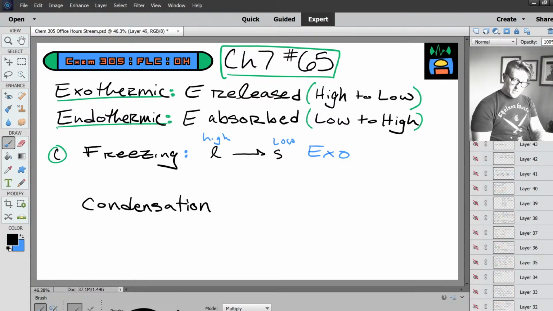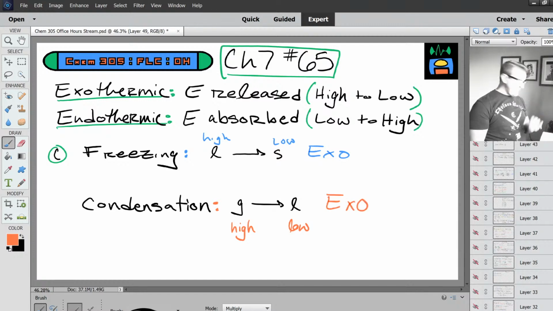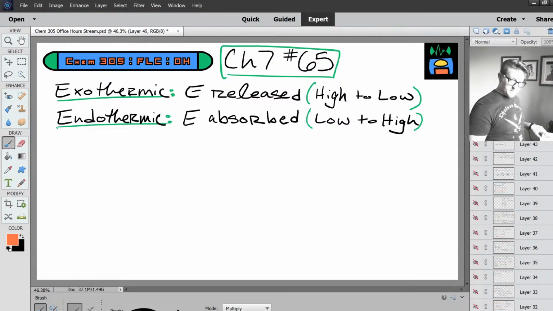And then if we're talking about condensation, condensation is going from the gas phase to the liquid phase. Gas is higher in energy than liquid. So again, we're going high to low, so this will also be exothermic. So C is our first example of two processes having the same thermicity.